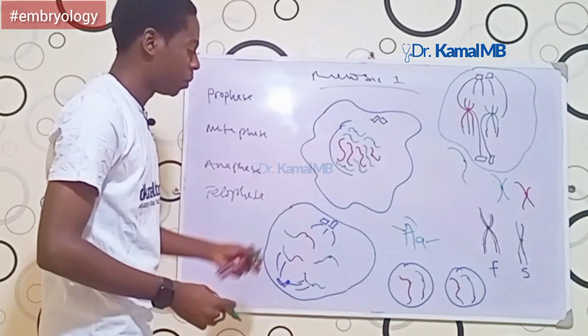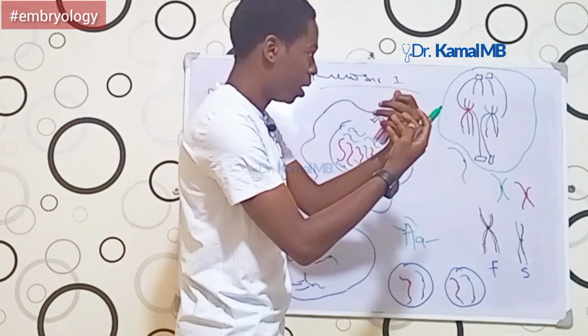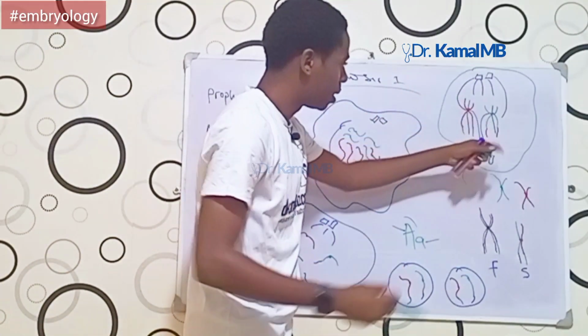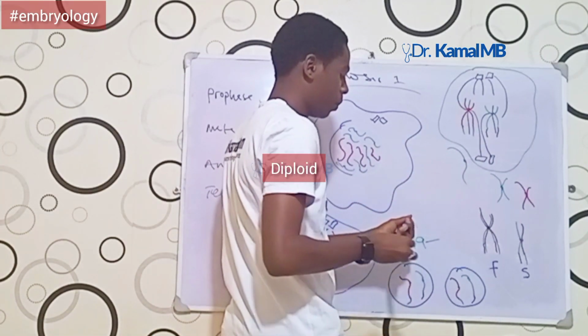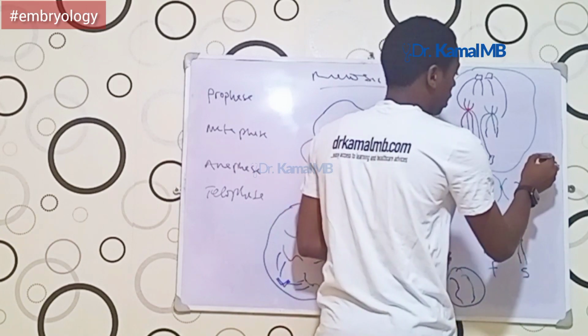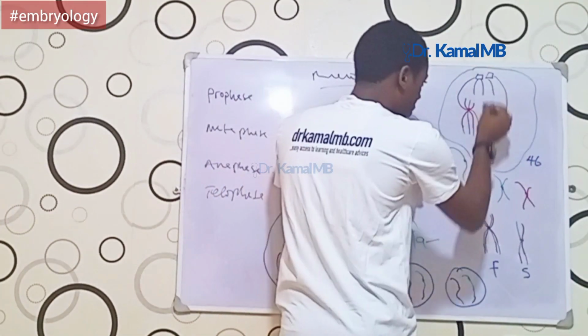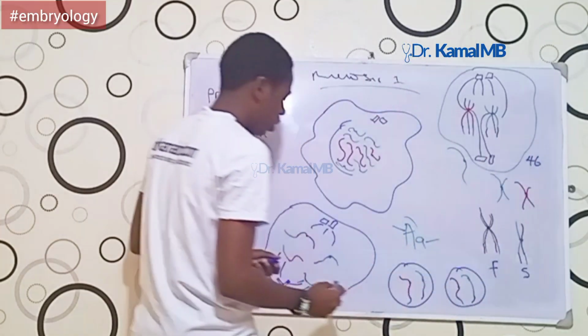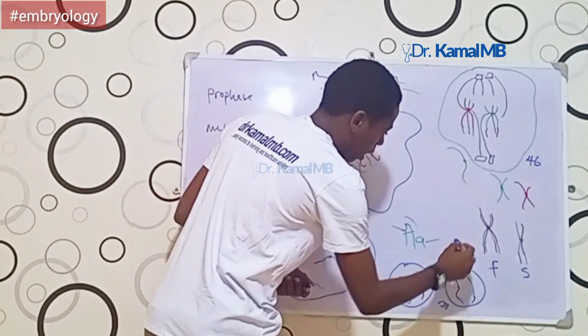So this means since they were homologous pairs here, they arranged in one plane and they get separated from one another. So at this place we have a diploid cell. That is, the mother cell is a diploid cell having 46 chromosomes. Because now they are separated, they are cut off into two, they will now have 23 chromosomes, which is a haploid.